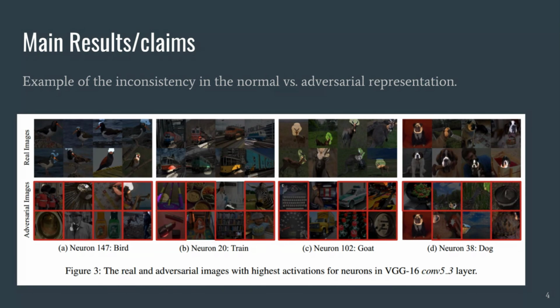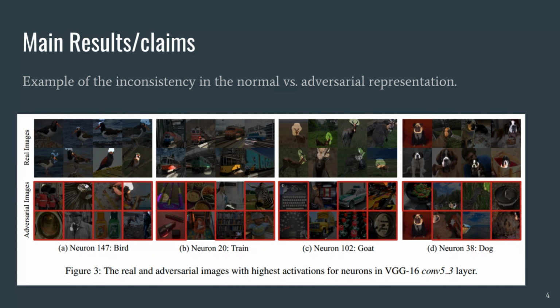Sure. Did we have the assumption that they should be consistent? Why should we have such an assumption? There are two hypotheses for why the network makes mistakes on adversarial examples. One is that they look at the same things, but because of those noises, the power of making a decision is reduced. For example, here they both look at a head, but maybe the power is reduced by the noise. The other is that they look at totally different things.